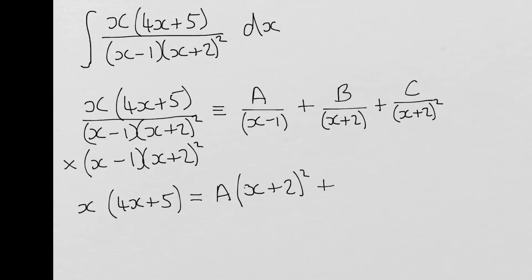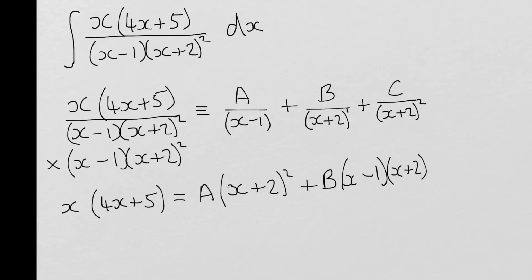Then if I have a look at b, as we said before, this is just the power of 1. So I'm going to have these factors remaining in my numerator there: x minus 1 and x plus 2.